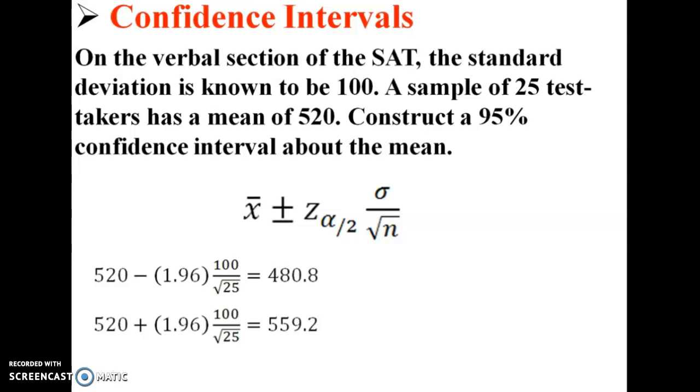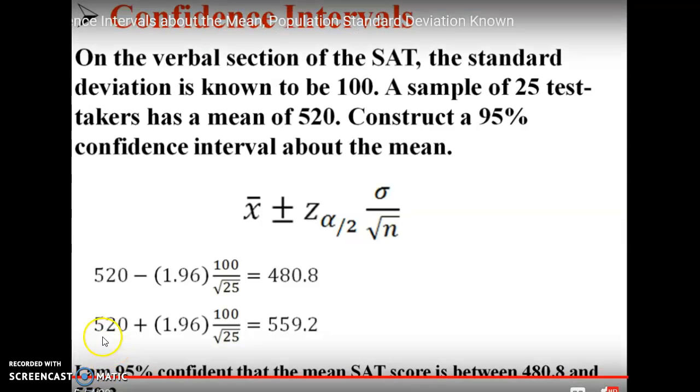Now if you wanted to be 99% sure, you would not use alpha of 0.05, you'd use alpha of 0.01. It would be approximately 3 standard deviations. So he's saying he's 95% confident that the mean SAT score is between these two.